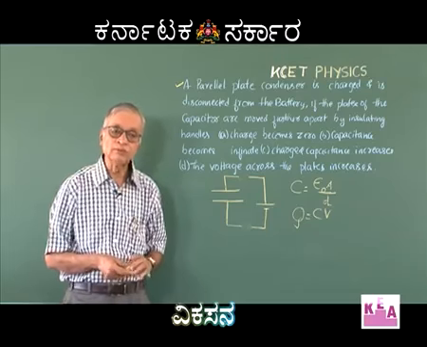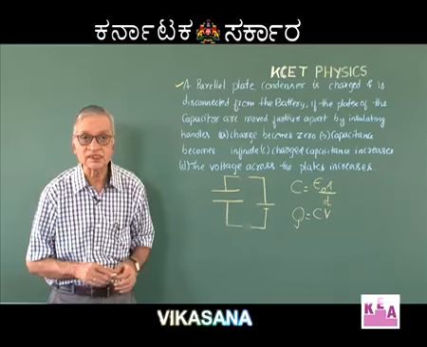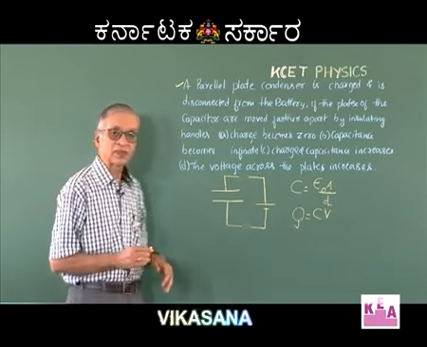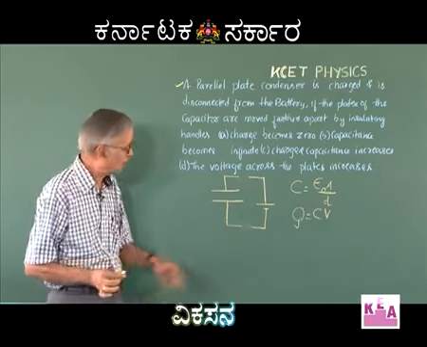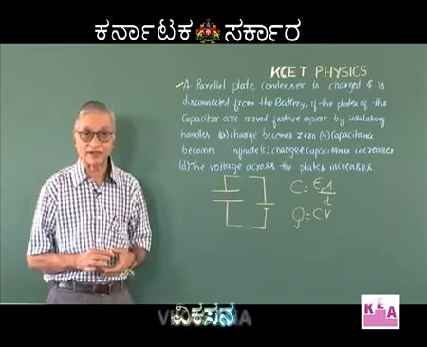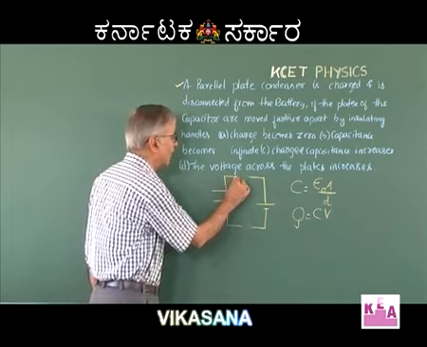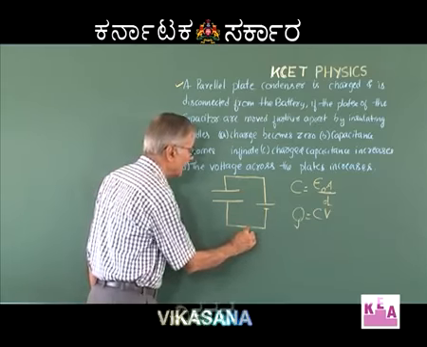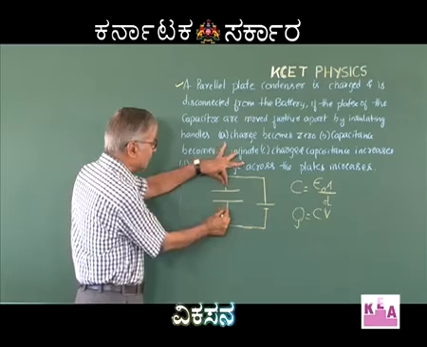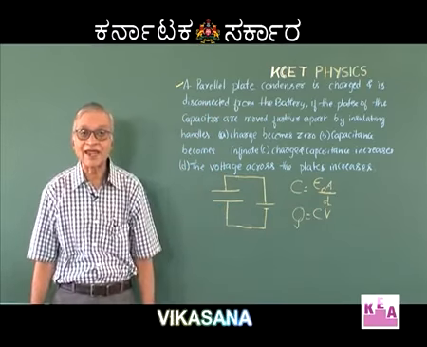I want to give another additional piece of information along with the same question. Suppose in the question he had not told you that the capacitor is disconnected from the battery. Suppose it is told that the battery connection is maintained and the plates of the condenser are pulled apart by insulating handles.